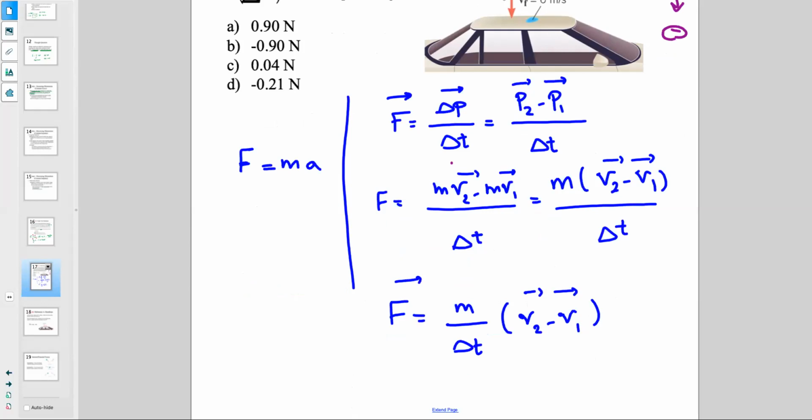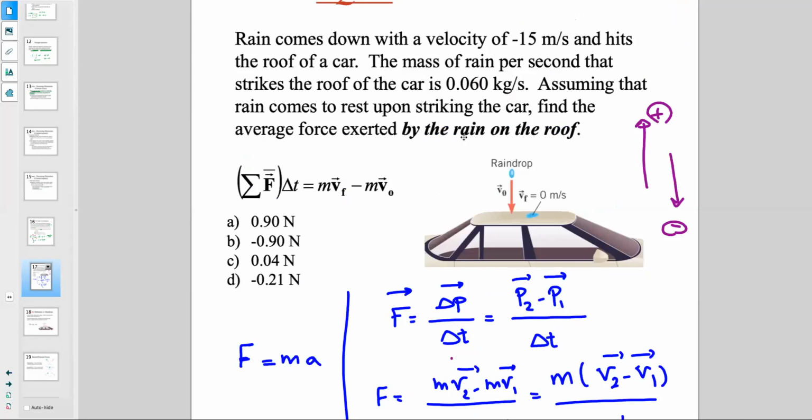Now, if you're looking at this, m is in kilograms, delta t is in seconds, and the velocities are in meters per second. But it is given to us: the rain hitting the car is 0.060 kilograms per second.